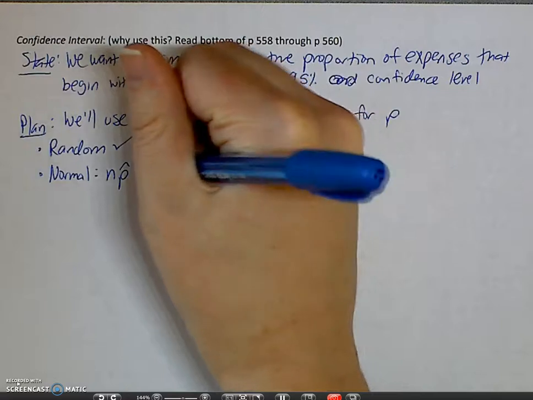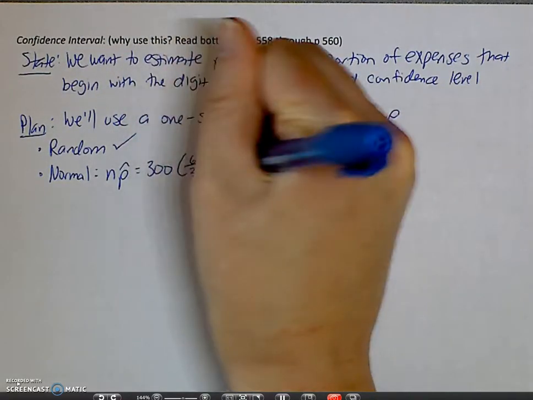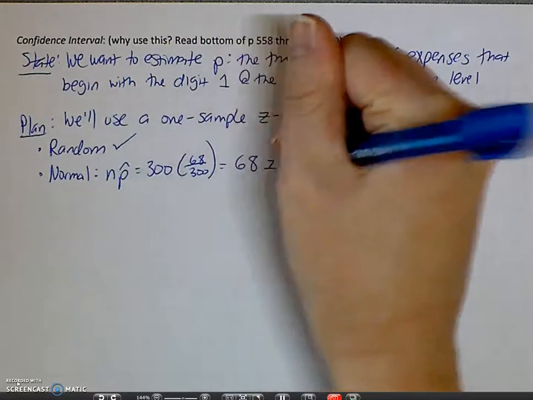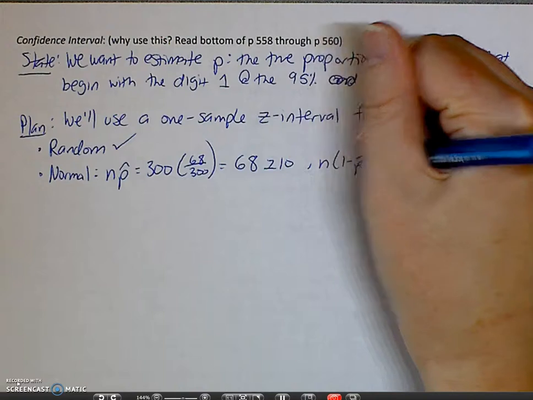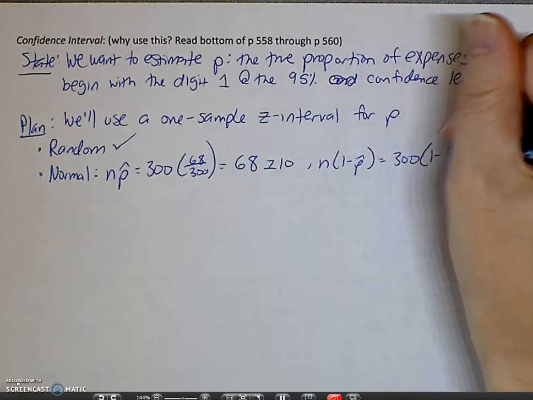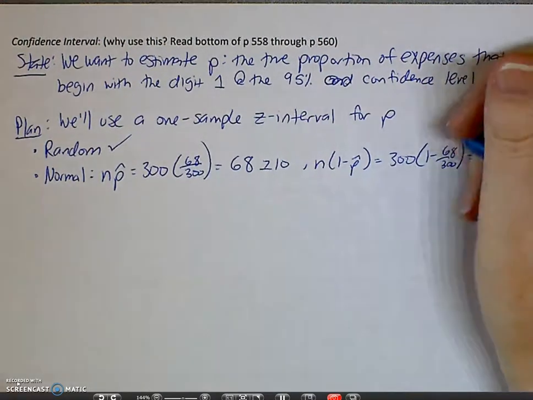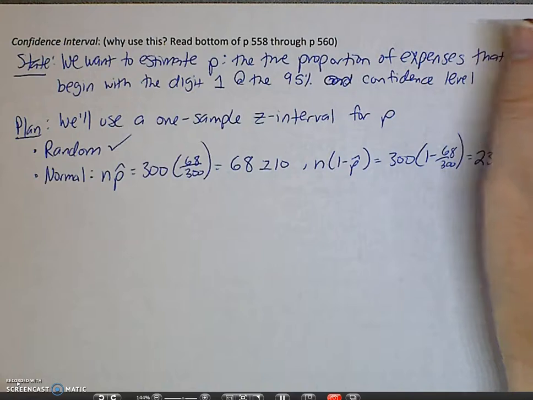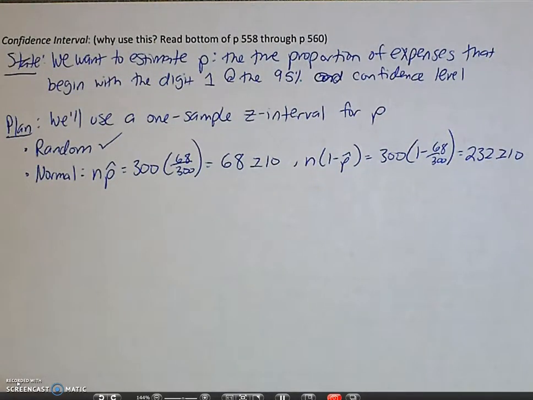So 300 times 68 over 300, which is 68. And then n times 1 minus p-hat gives you 232, which is also greater than or equal to 10. So that condition is met.